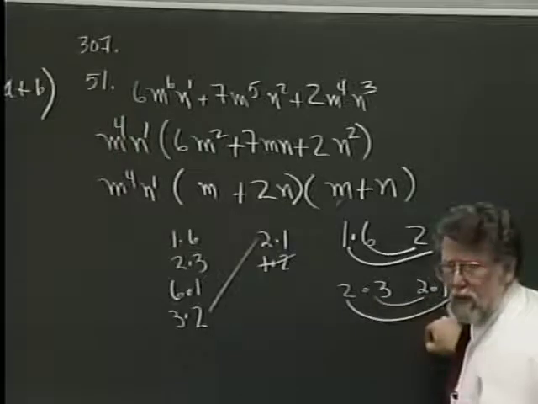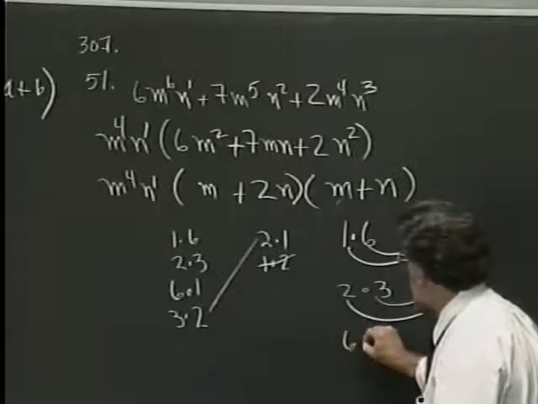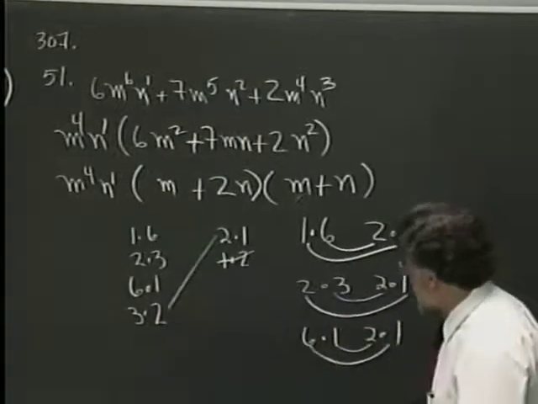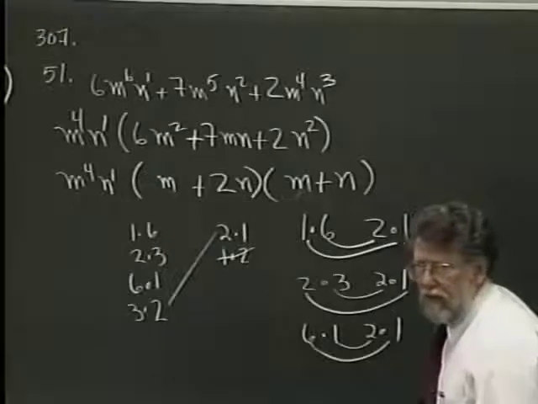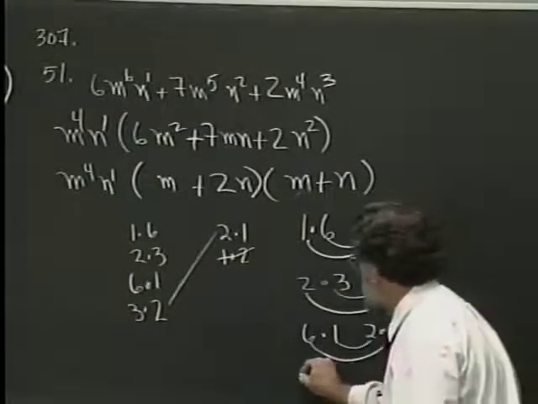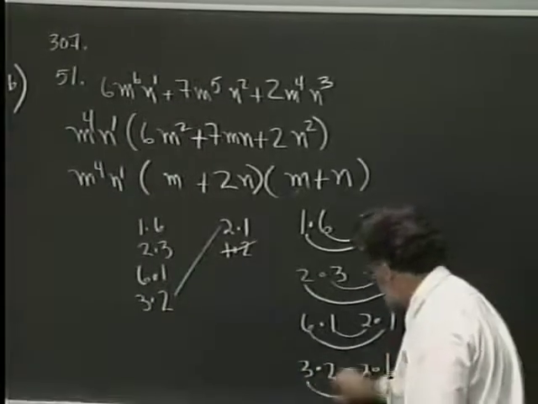Because this is a 6 and a 2, which is an 8. Then I go the 6, 1, 2, 1. And that is going to be, again, interestingly, another way of getting 8.